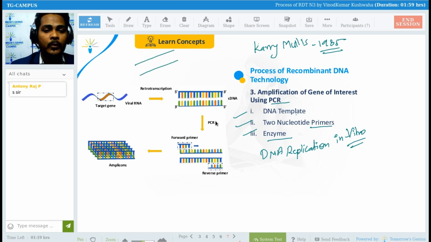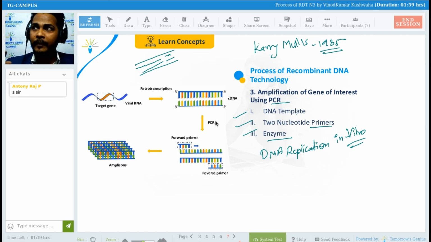So one primer needs to anneal over here, and one primer over here. One goes in this direction and the other goes in that direction. That's why it requires two primers. Is this clear? Yes. Therefore it requires two primers and a specific enzyme.